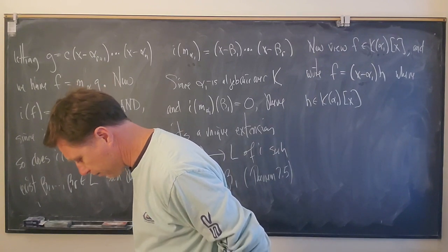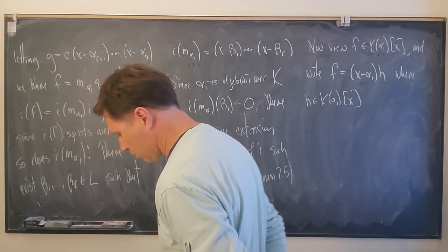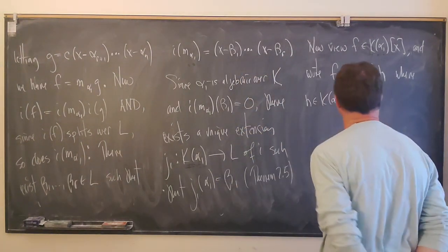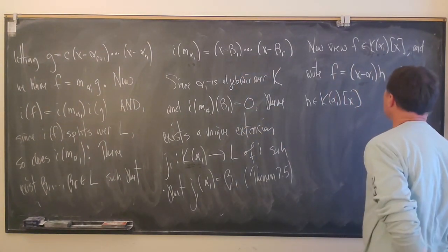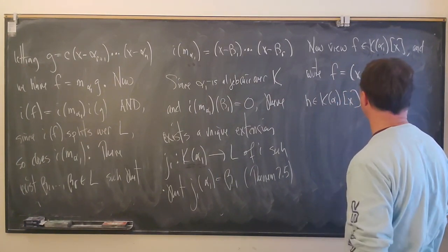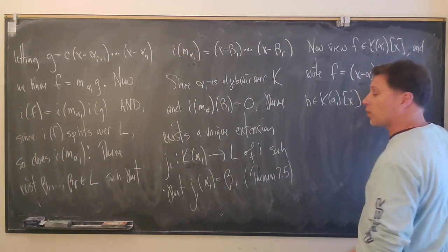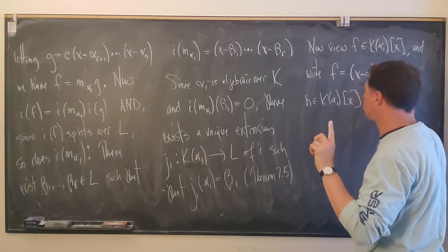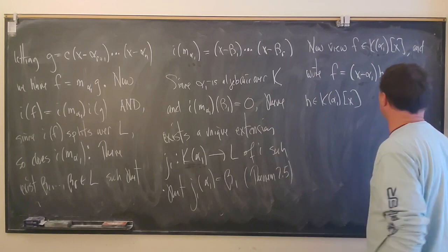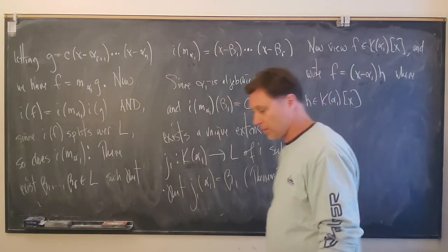Now, we know that sigma is the splitting field for f over K, which means that h is going to split in sigma bracket x as well, and it's got to look exactly like the splitting of f.